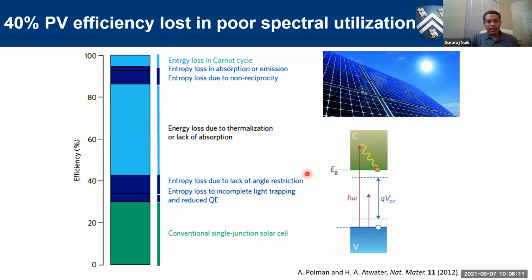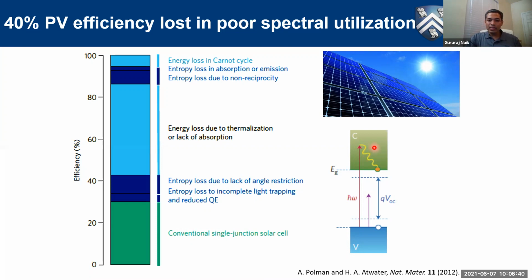So when we look at the energy of this photon with respect to the band gap of the cell, you can have a scenario where the energy of the photon is smaller than the band gap, and then you don't have any absorption in the solar cell. So that's some loss of efficiency. And the rest of the loss, in fact, comes because if you have UV photons, which have energies that are significantly higher than the band gap, that excess energy, that is energy above the band gap, is just lost as heat.